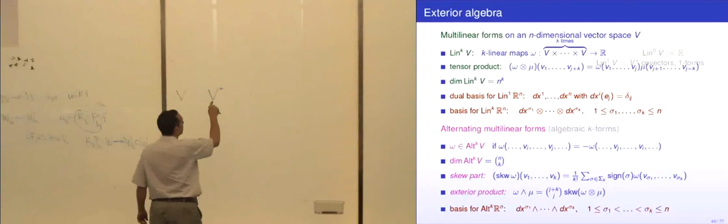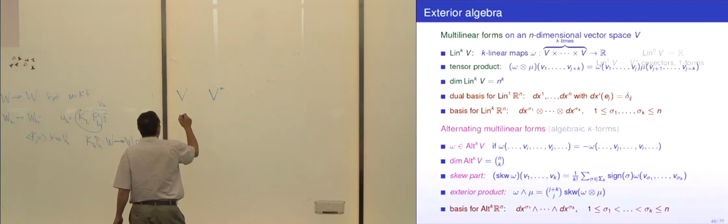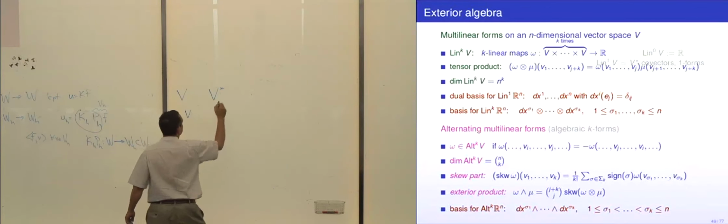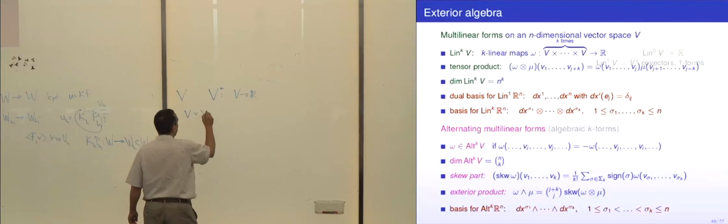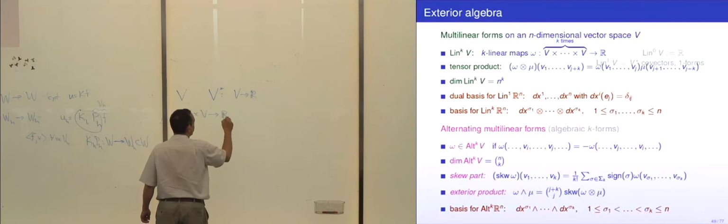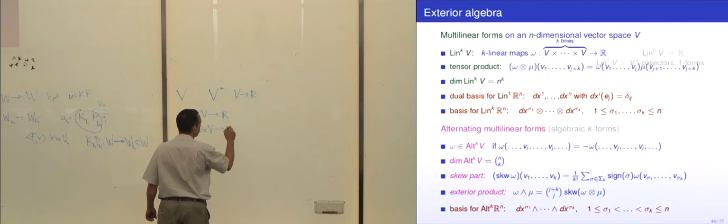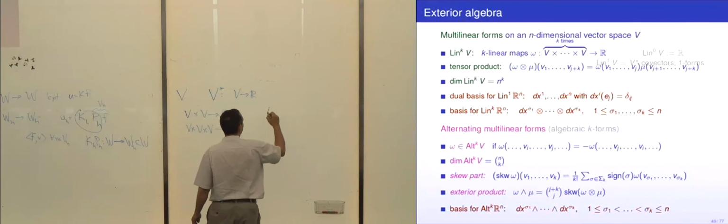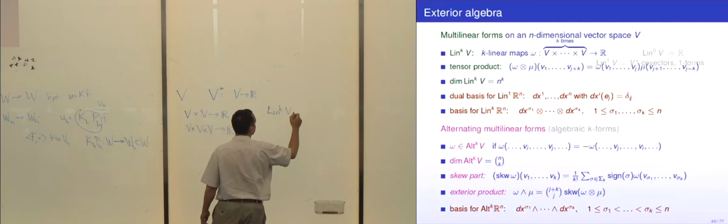This is a space of linear forms from V to R. We could also talk about bilinear forms from V cross V to R, or trilinear forms from V cross V cross V to R, and so forth. And so I will call this, in general, Lin K. It will be K-linear forms from K copies of V to R.